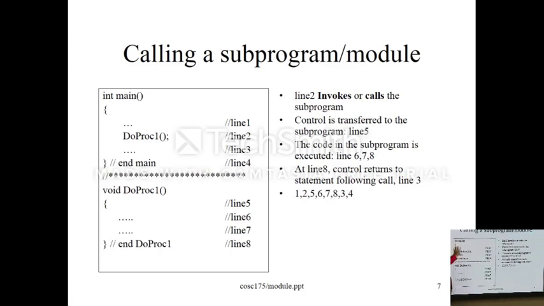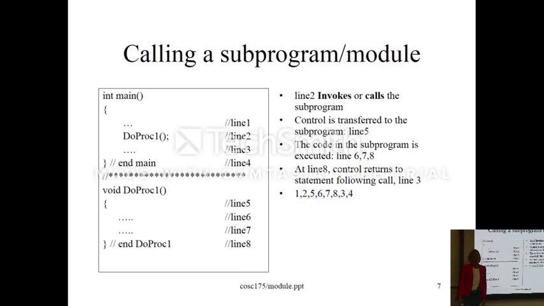If I was going to do a hierarchy chart for this, how many blocks would I have in it? Just two. One that says do prop 1 and some other thing that describes what this program does, which doesn't do much, so it'll be a little tricky. But does everybody understand that when I call a function, the control transfers down here, finishes the whole function, then comes back to the line afterwards, right? That's the basic. Everybody understands that, okay?